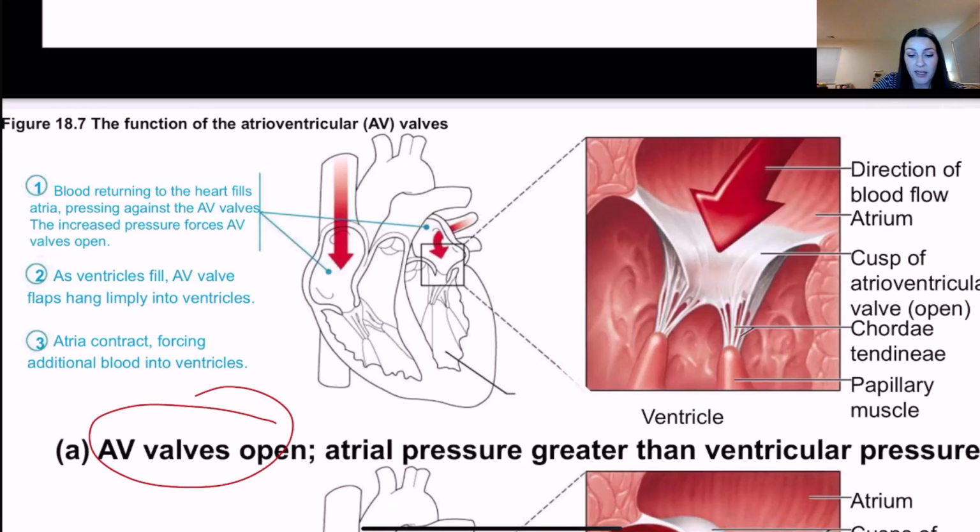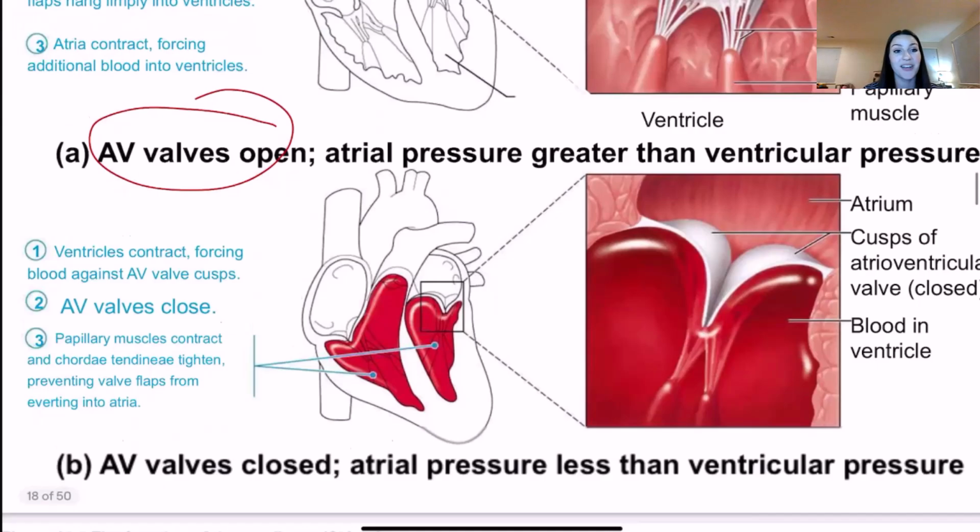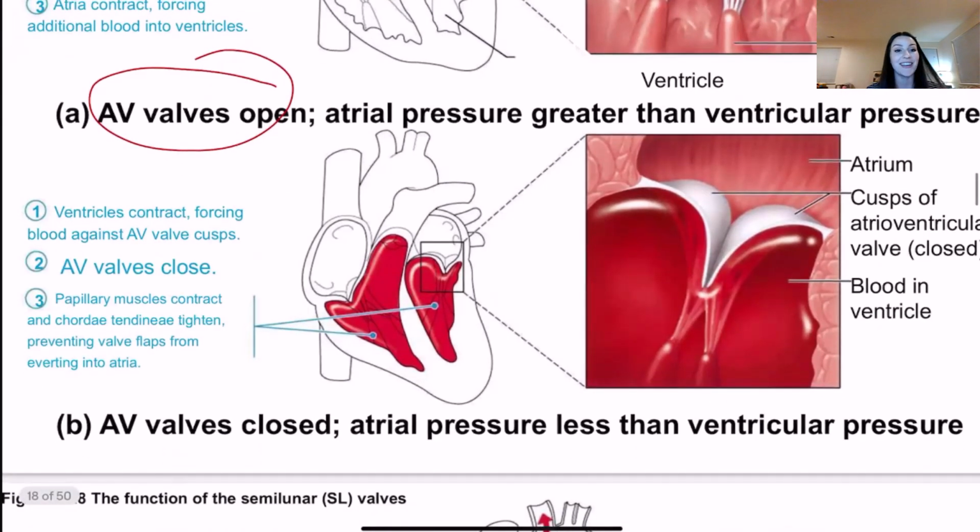So we know that the pressure in the atria is greater than the pressure in the ventricles. So those valves are forced to open because that blood has to go somewhere. Once the atria contract, because remember there's muscle in those walls, that further pushes blood and creates more and more pressure in this chamber to push blood into the ventricles. And this is what that valve looks like when they're open. So remember, it's like doors. And when the doors are shut, that's because a pressure difference has been established yet again.